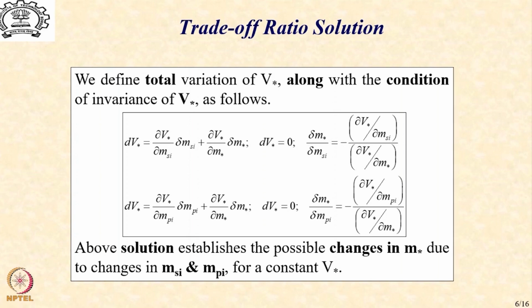Here it is also worth noting that I could easily have done this exercise by keeping M star equal to constant and then taking the M star derivative with respect to MSI and MPI, and then I could have defined the partial derivatives for the sensitivities, which would give me a different V star for keeping the M star constant.